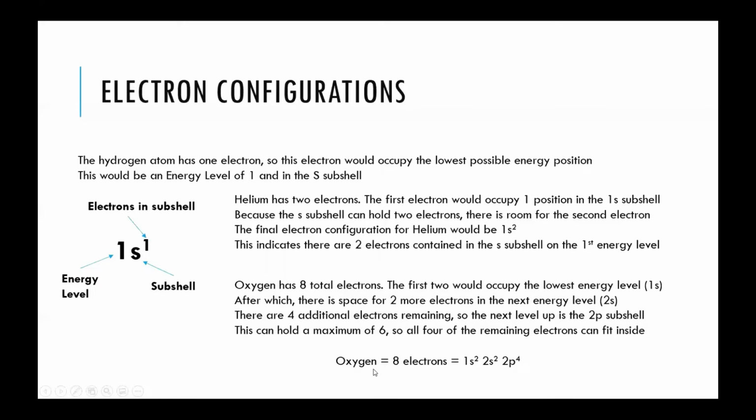In the case of oxygen, there are 8 total electrons. The first 2 can be taken care of in the first s subshell. It can hold 2 electrons. After that, there are 6 total electrons left.